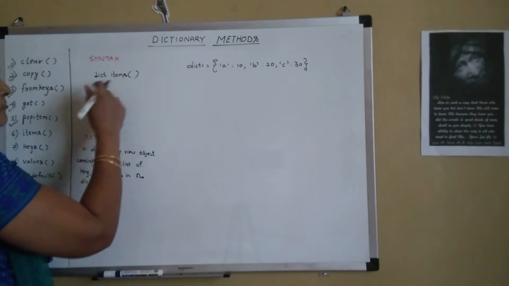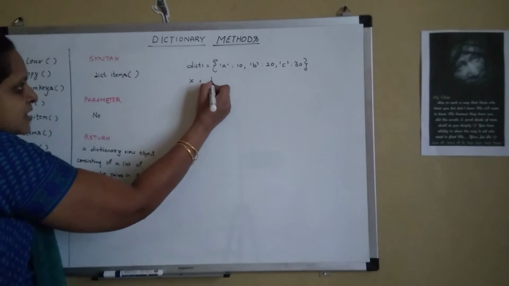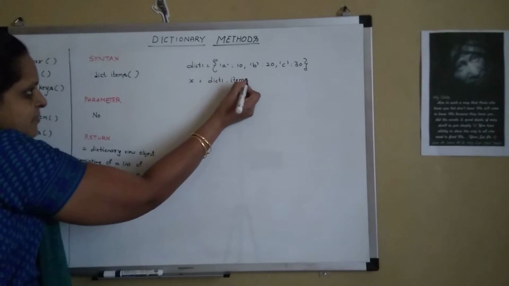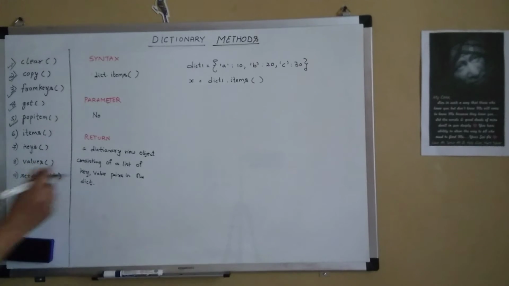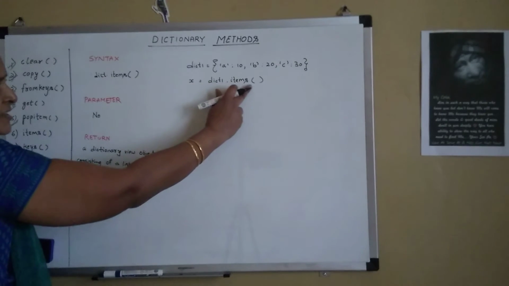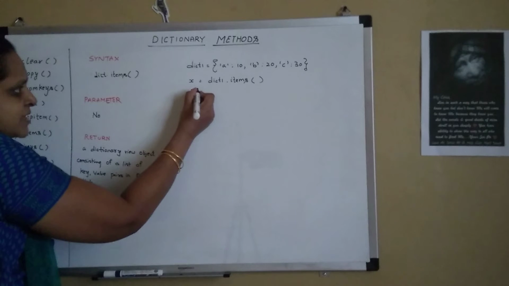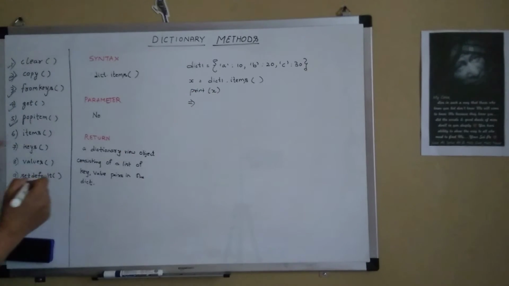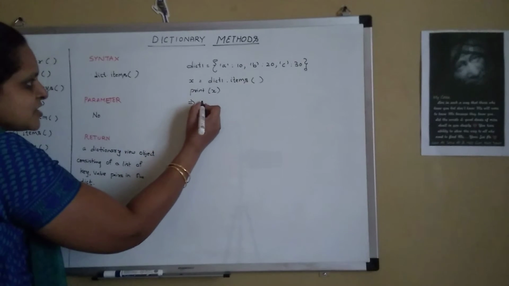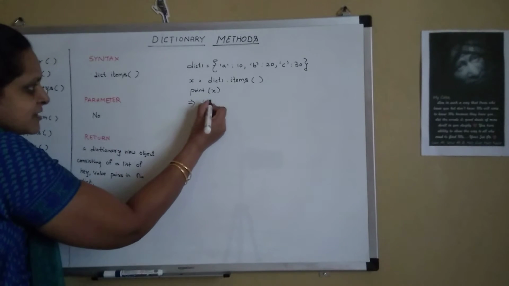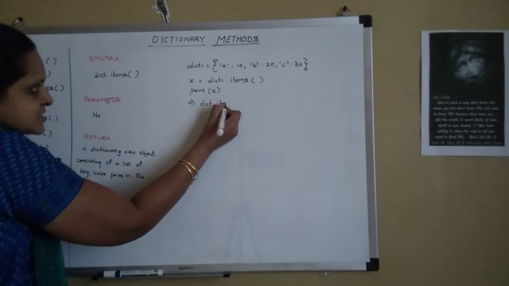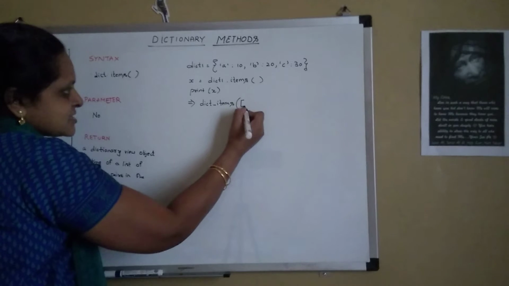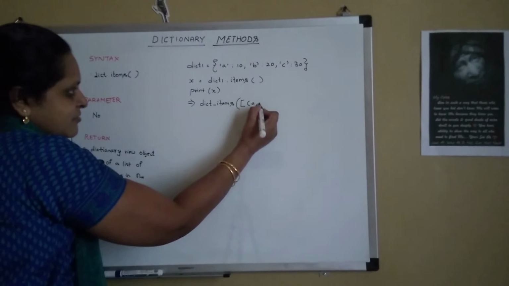Now if I say x equal to dict1.items, appending the items method to dict1, and then print x, what does it give? It gives a dictionary view object, dict_items. This is the dictionary view object of the list comprising the key and values.